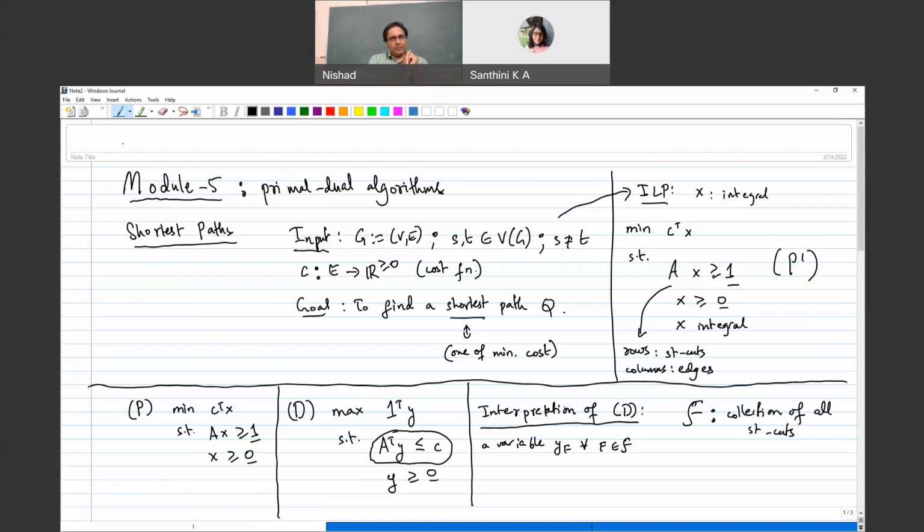How many constraints do we have in this? For each edge, there is a constraint, that's right. And what does each constraint tell us? What is the thing on the left hand side?